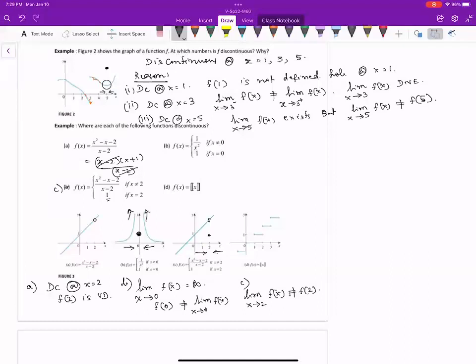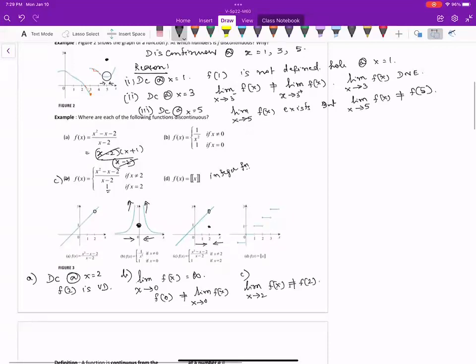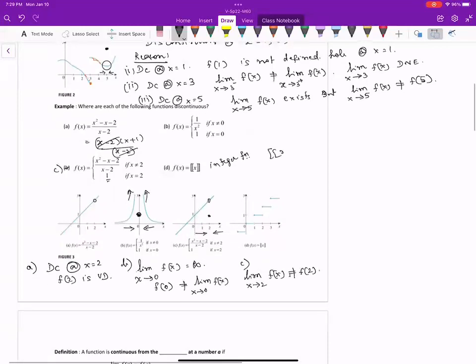The next one is called an integer function. So you write that with a double bracket here, x. This means the largest integer smaller than or equal to x.